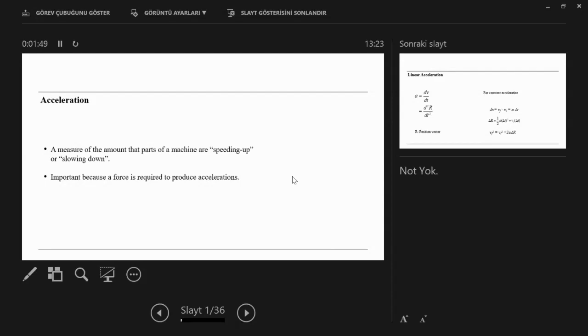And today we are going to discuss the acceleration. So acceleration for the links. Link 1 doesn't move, so it is fixed, grounded. So this is the acceleration of links 2, 3, and 4.